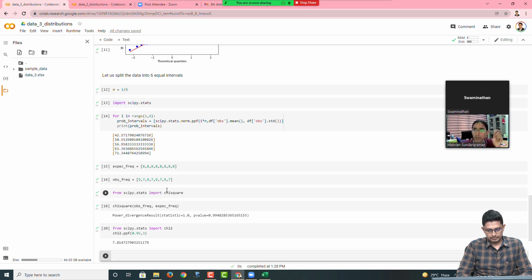So 6 minus 2 minus 1, which is 3. So chi-squared of 0.95, comma 3, and the value for that is 7.8, which means since 7.8 is greater than 1, we do not reject the null hypothesis, and hence this is coming from a normal population distribution.